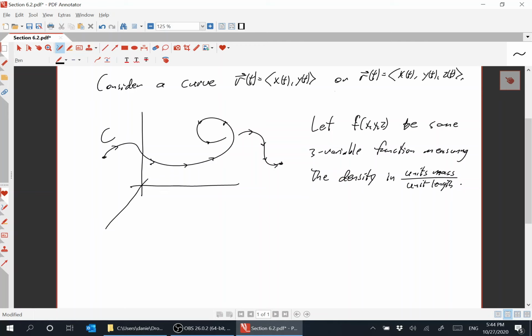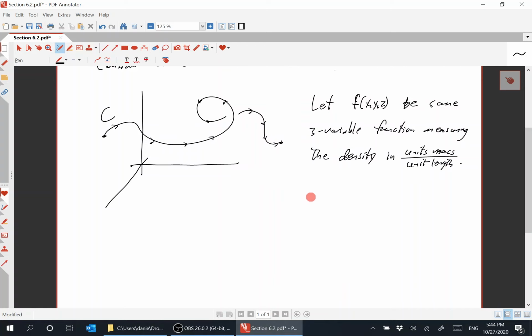What we want to do is define an integral that calculates the entire mass of the curve.